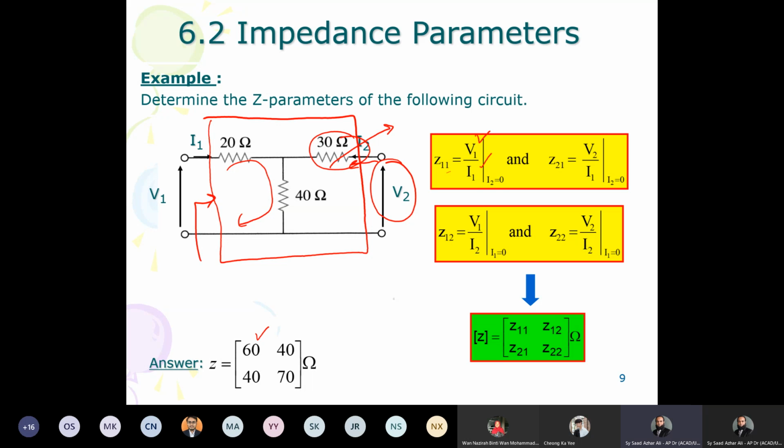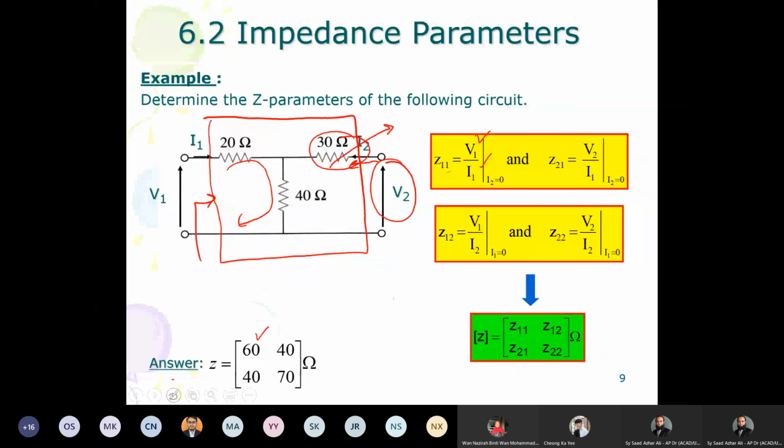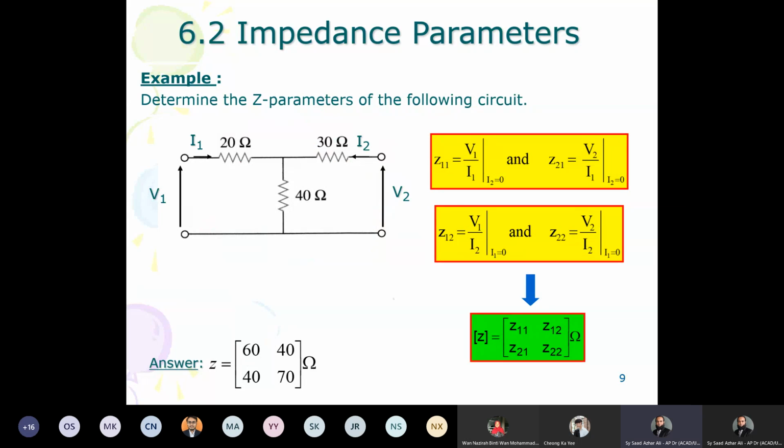I repeat for maybe the other, V2 over I1. Now let me remove all the ink. Okay, let's consider V2 and I1. Again, this current I2 is equal to 0, so this part is again open circuit, and we just look at the circuit.